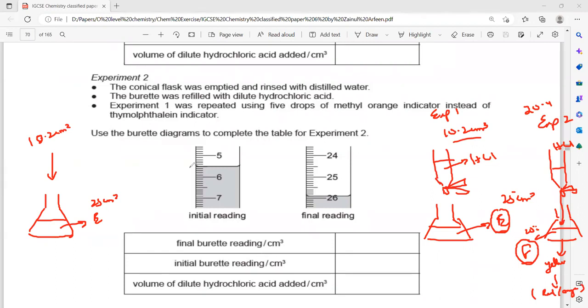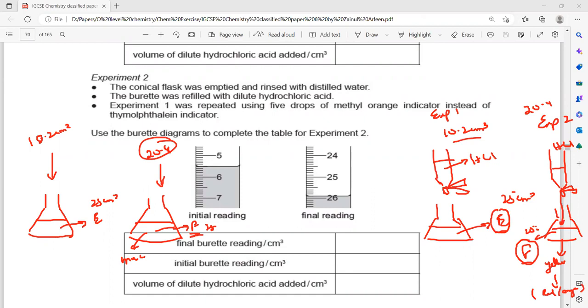Before that, the unknown solution was in a burette, but now the unknown solution is in a conical flask. With the same 25 cm cube of solution F, you need 20.4 of the known concentration of HCl. So I need more HCl to neutralize F as compared to E. If I need more HCl to neutralize the unknown solution, it means F is more concentrated than E.